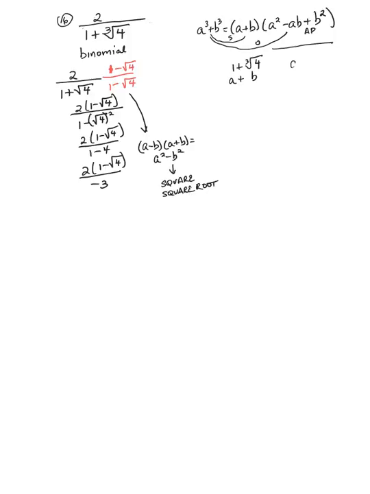So if a is 1 and b is the cubed root of 4, then a squared minus ab plus b squared becomes 1 squared minus 1 times the cubed root of 4 plus the cubed root of 4 squared. Now, I didn't get to this, but the cubed root of 4 squared is also equal to the cubed root of 4 squared within it. So we could rewrite this as the cubed root of 16.